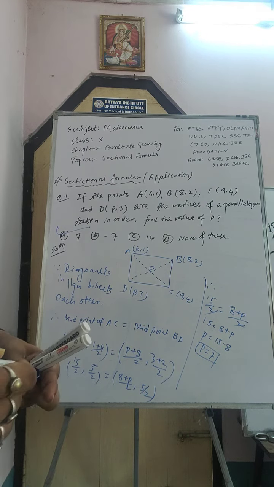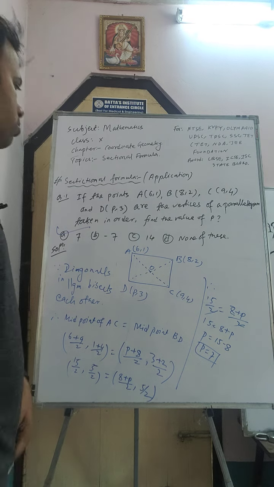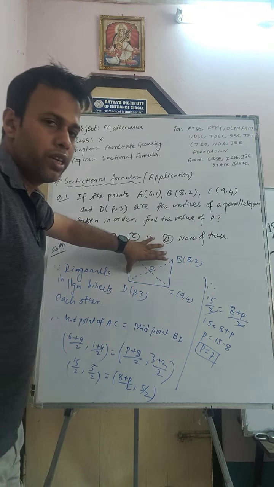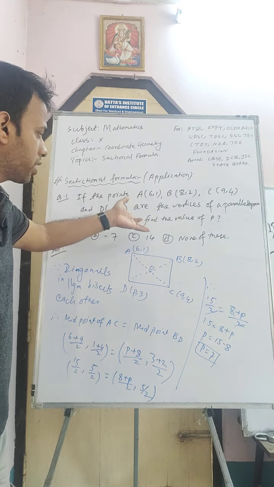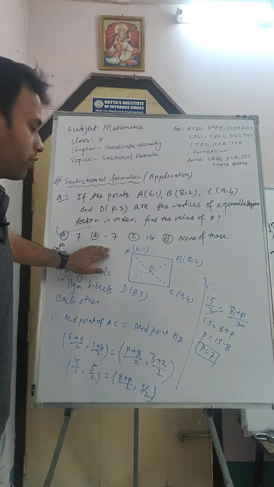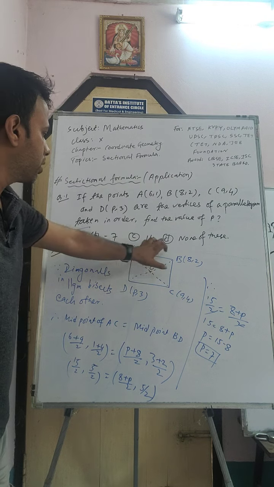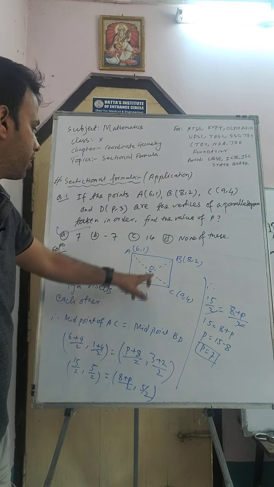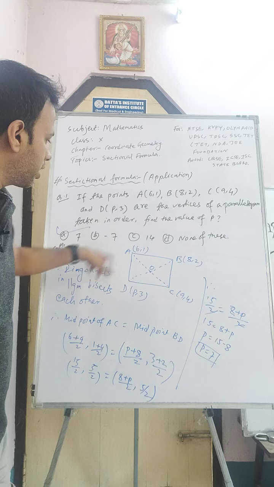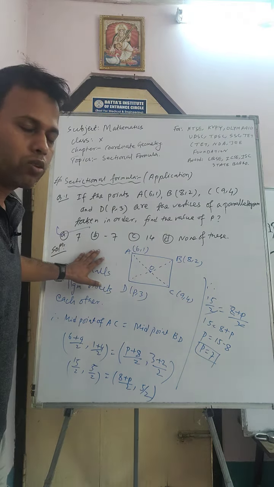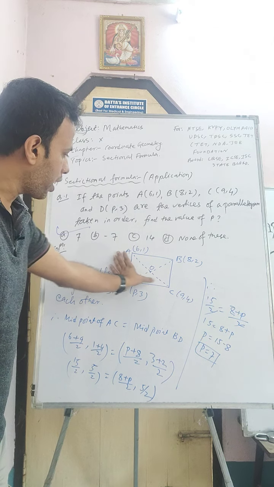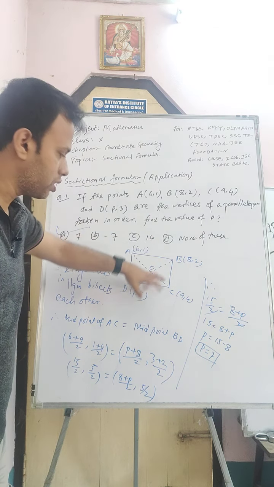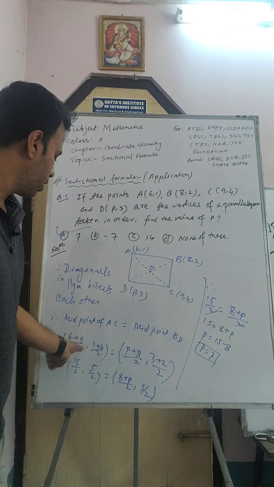So how can I do this one? First you draw the parallelogram, and if you draw the parallelogram, then it will be very much clear to you, to understand the question. So I put the values of A, B, C, D here, and I draw 2 diagonals AC and BD. So in a parallelogram we know that the diagonals bisect each other. So the midpoint of AC and midpoint of BD will be the same, that is O. So midpoint of AC is what?